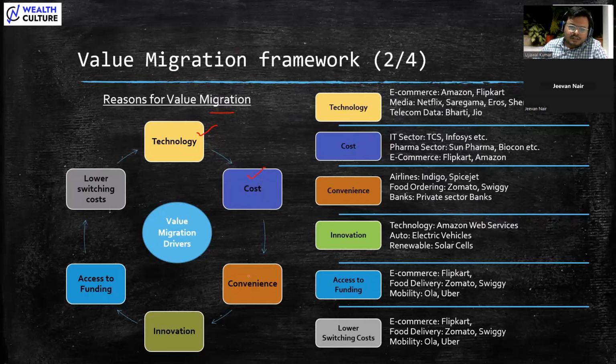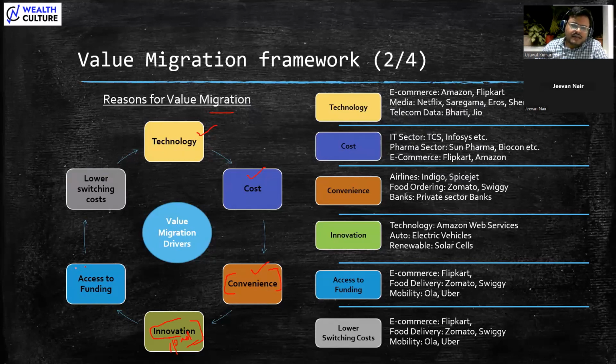Third is because it is more convenient, so it provides value to customers in terms of higher convenience. It is innovative for sure, something that the market has never seen before. For example, you could put iPads and iPhones in this category.